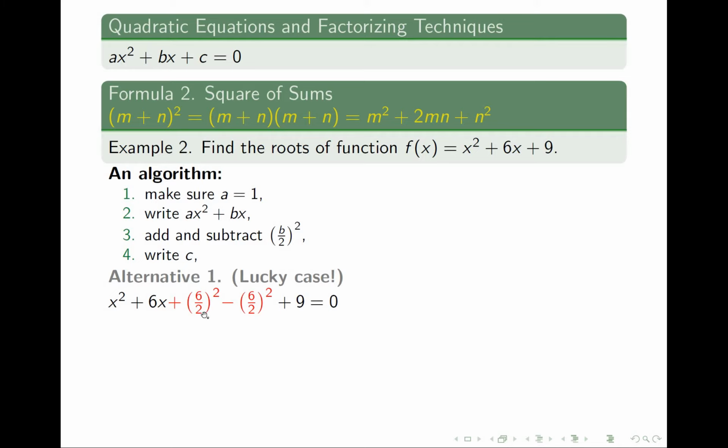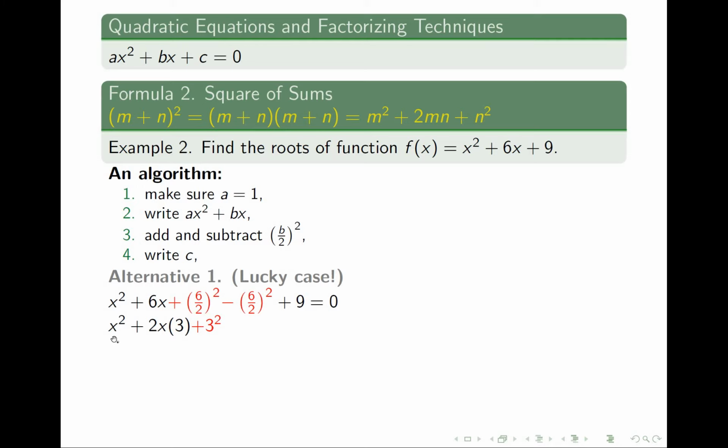If we look at these terms, we get something interesting, and I claim that these first three terms are equivalent to this formula. Let's see why. I rewrite this expression explicitly: x squared plus 2x times 3 plus 3 squared.